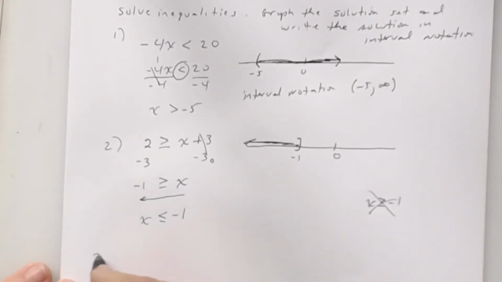All right, number 3. Let's suppose in number 3 we have 7x minus 2 is less than 3 times x plus 1 minus 4.